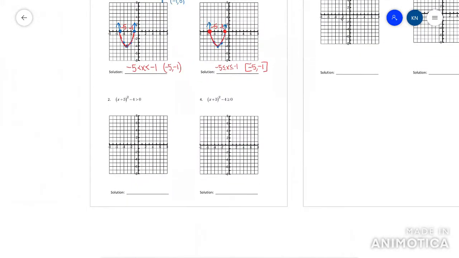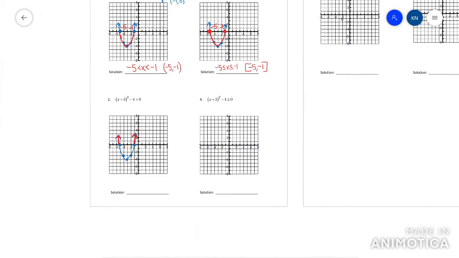Okay, this next one is the same graph, -3, -4. So it looks something like that. But now they want where is it greater than 0. That's where it's above the x-axis.